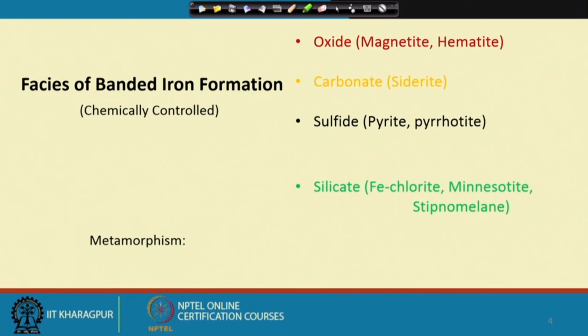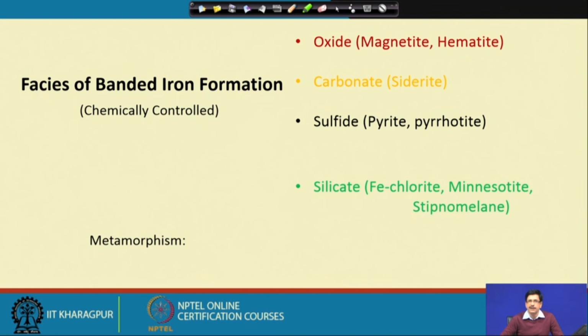Sometimes very high grade conditions from 700-750 degrees centigrade to 10-11 kilobar pressure have been interpreted in some of the Algoma type deposits, and some of the Superior type deposits have also been worked out, but some of them retain their unmetamorphosed characters with the lithological characteristics like the shales and all within the different stratigraphic horizon persisting.